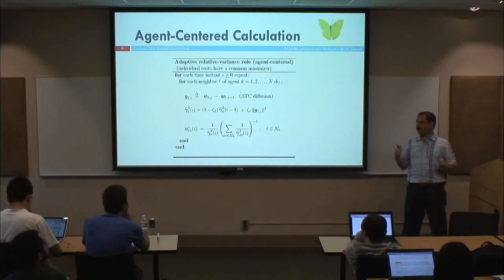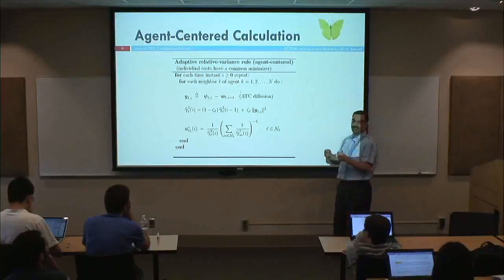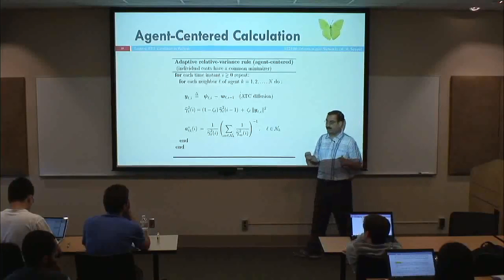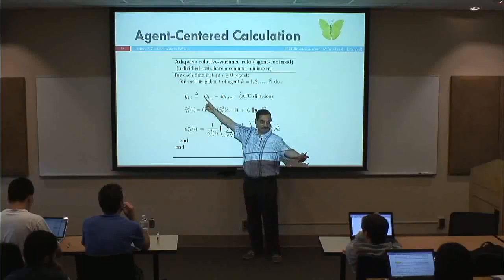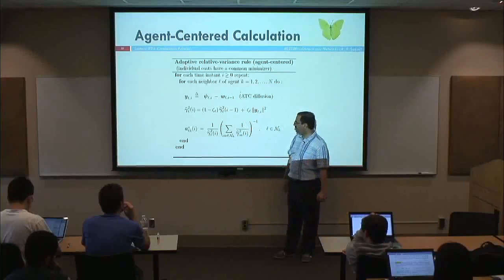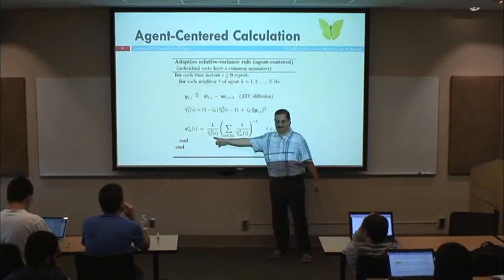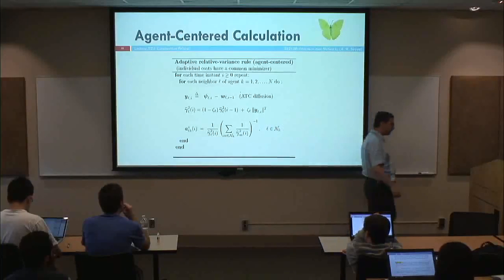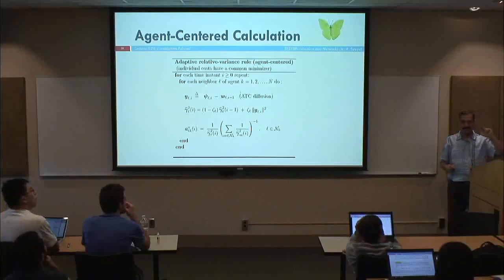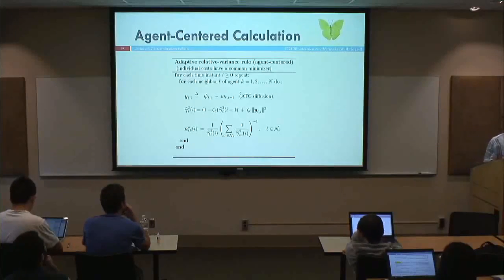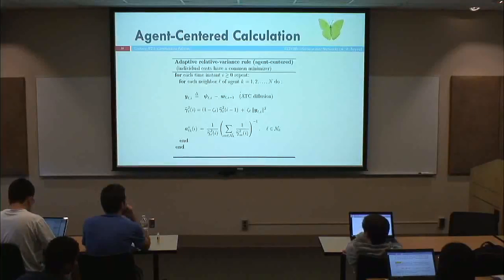So in this particular implementation, what do the agents have to share with each other? They share the psi for the combination, and they share the gammas, right? Very good. And each agent computes its psi and its gamma. Right? This is agent-centered. There is another way to do this calculation.